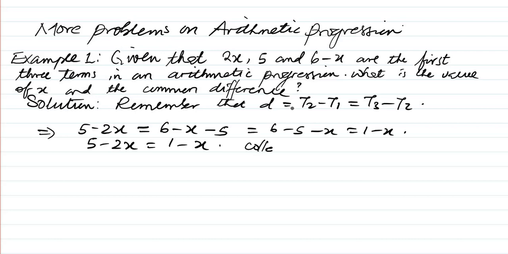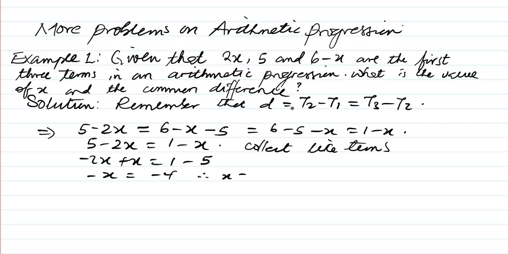So when you collect like terms, you are going to have minus 2x plus x equal to 1 minus 5. So minus x equals minus 4. Therefore, x equals 4.